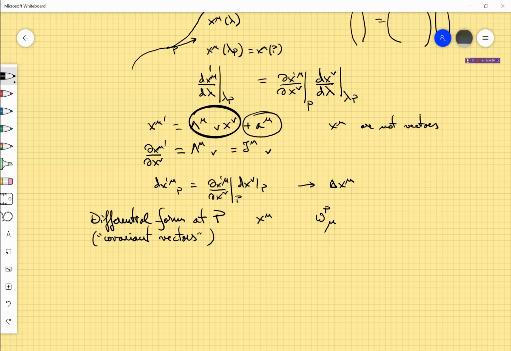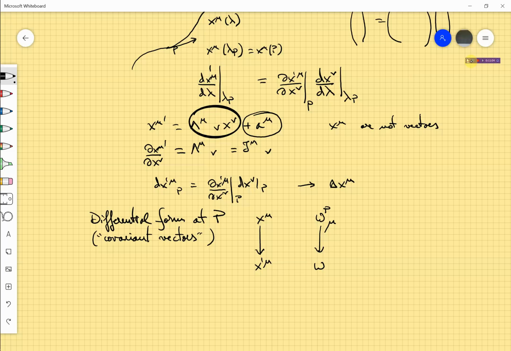We could arrange them in a column or row vector, but by convention something with lower indices will always be represented by a row vector. And then we say that these are the components of a differential form or of a covariant vector if, when we go from x mu to x prime mu, these components change in this way.